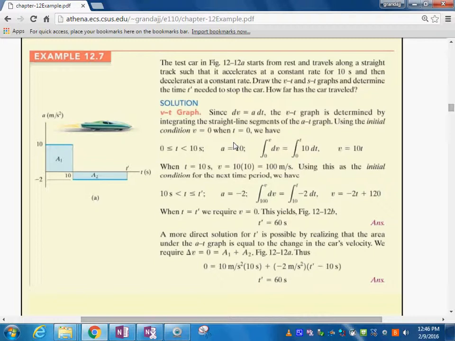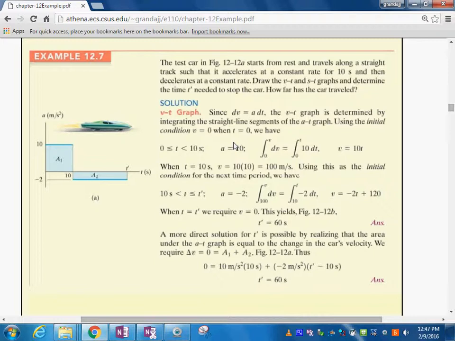So in this case, the velocity is the integral of the acceleration. So you will have that the velocity is 10t. When t is equal to 10 seconds, the velocity is 10 by 10, so it's 100 meters per second.